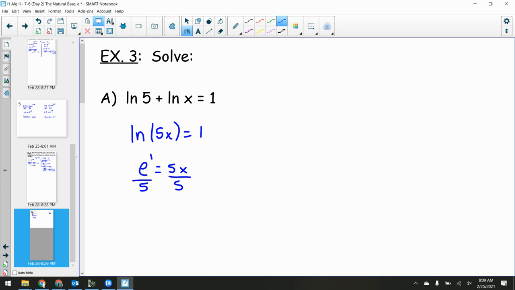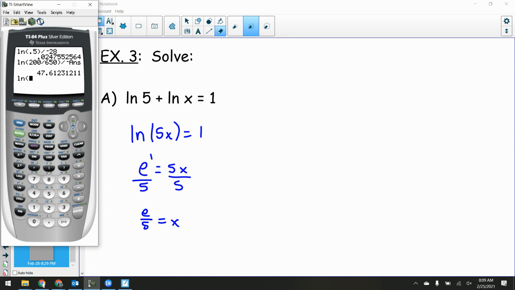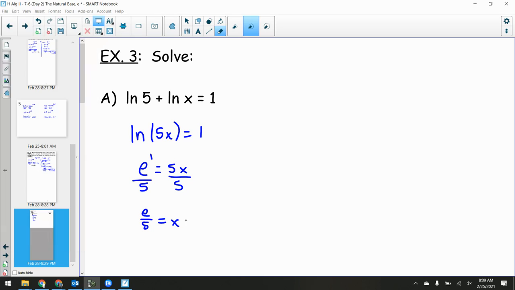If you wanted the exact answer, you could say e over 5 is equal to x. But let's figure out what the decimal is. e over 5 is 0.544. There's my answer.